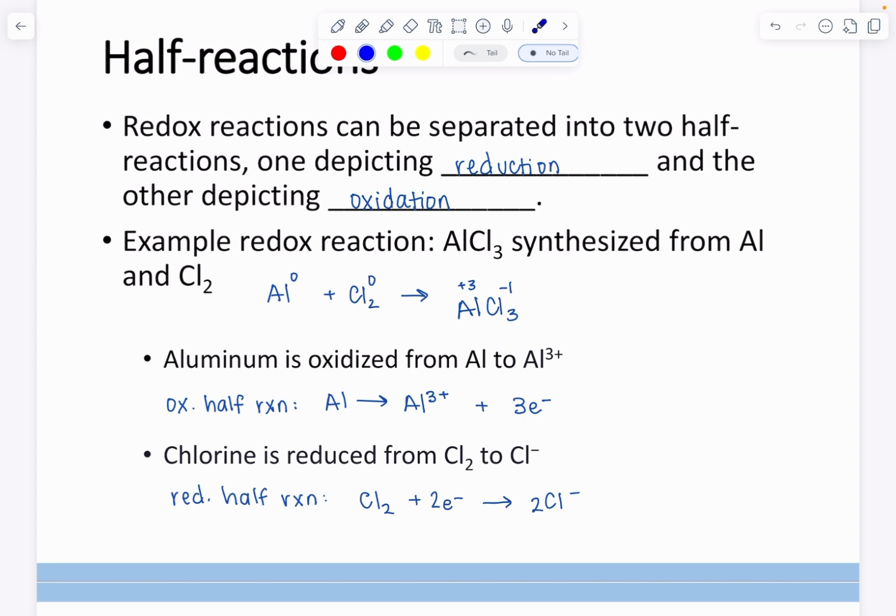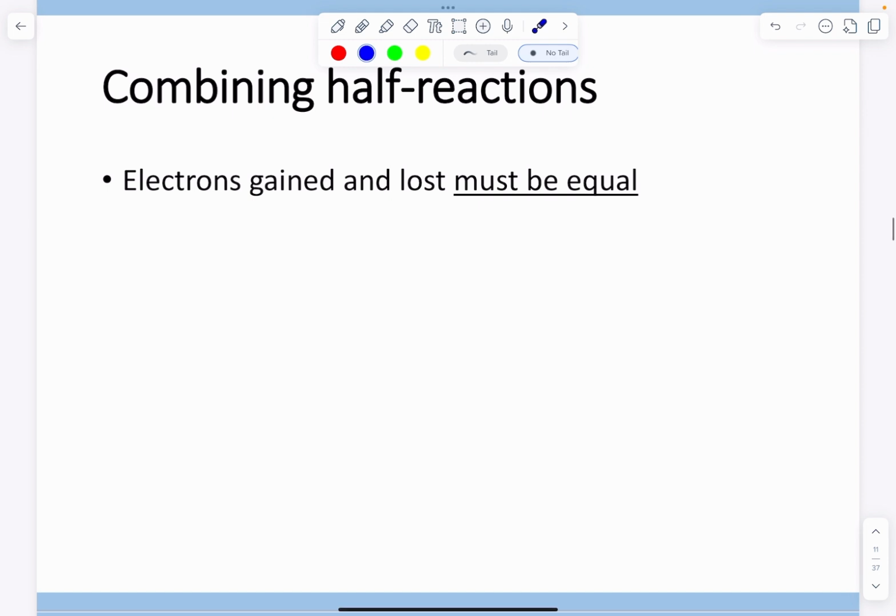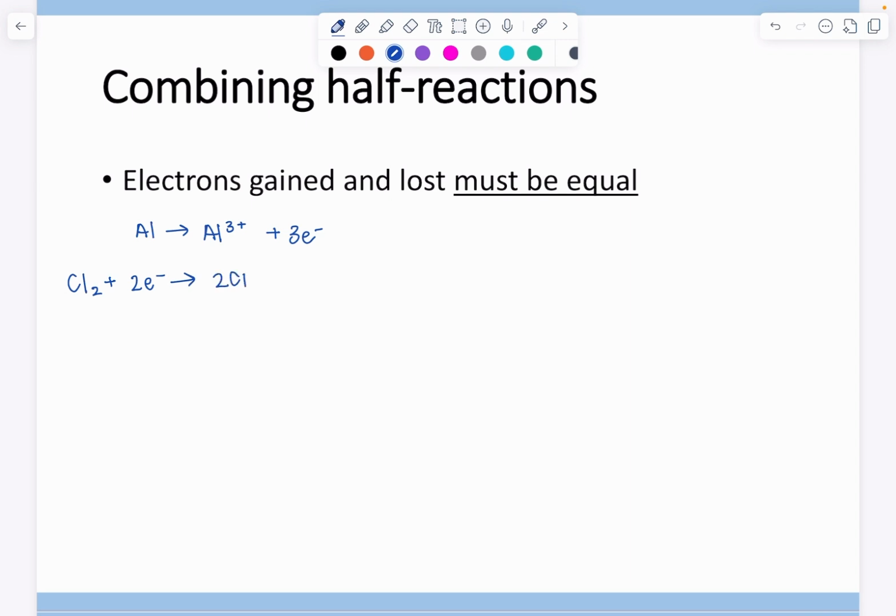Now, if you start with half reactions, like we did here, and then combine them, they are combined in a way where electrons gained and lost are equal. So if we just copy down the 2 half reactions that we just wrote, we have aluminum forms Al3+ and 3 electrons, and then chlorine gains 2 electrons to become 2 Cl-.